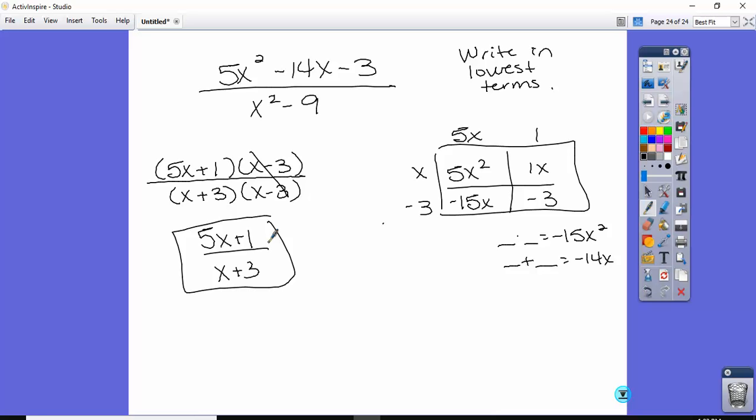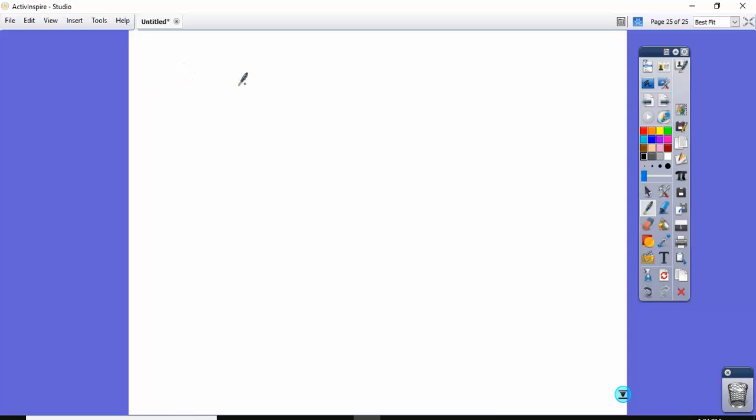Let's do another one. Let's say, sorry, I'm trying to make up a problem here. Say I asked you to simplify this. We've done addition, subtraction today, but we've not done the multiplication or division.